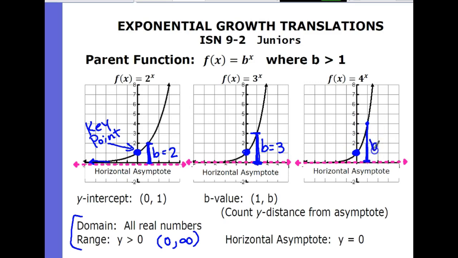This distance right here tells you what the B is equal to. So that key point is going to be very important. The first thing we're going to need to do when something has been moved up or down or left or right is find that key point. That key point is 1 unit above the asymptote.